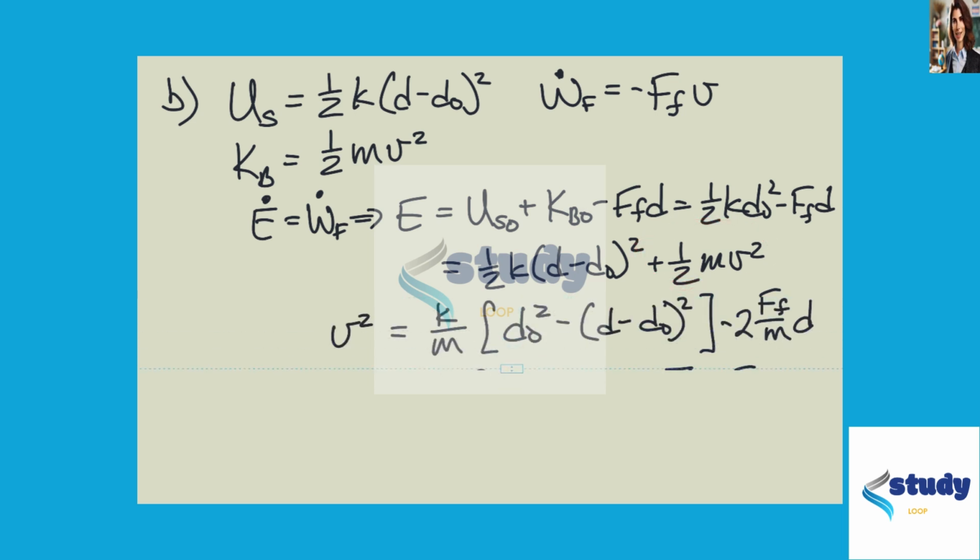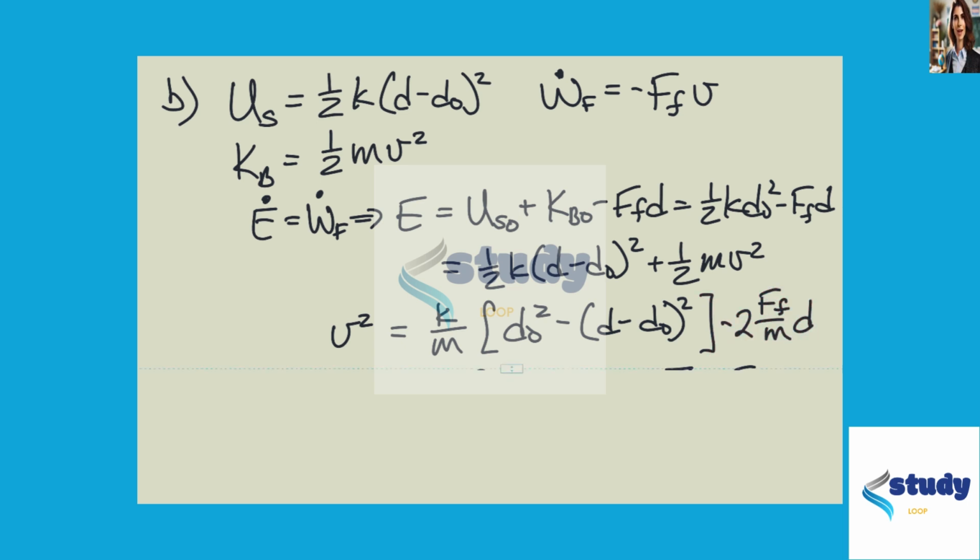So we can then solve for v squared. Okay, so we divide through by m, multiply through by 2, and we get this expression here where k over m times the quantity d naught squared minus d squared, and minus 2 times the friction force divided by m times d.